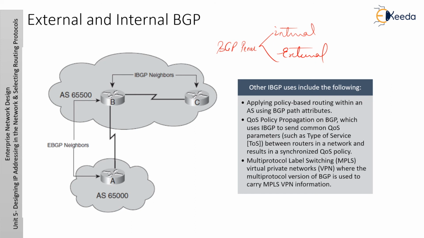Routers that run IBGP do not have to be directly connected to each other. Static routes or routes learned from an IGP running within the AS provide reachability.